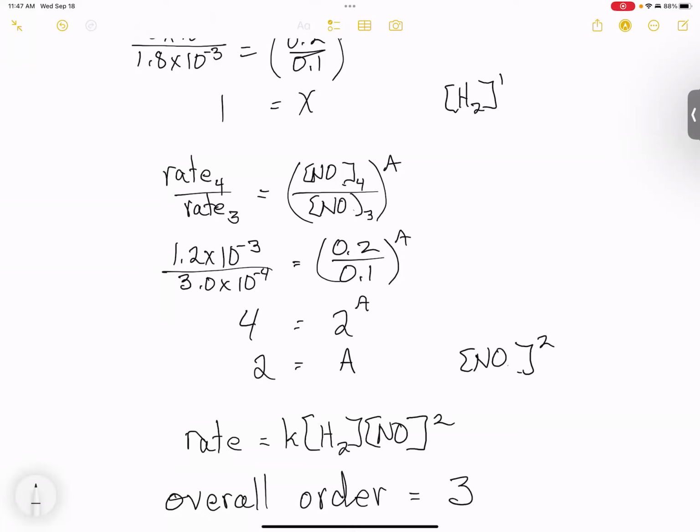In the lab, like I said, we will actually do this. We'll do an experiment where you have to use the method of initial rates to determine the order of the bleach.